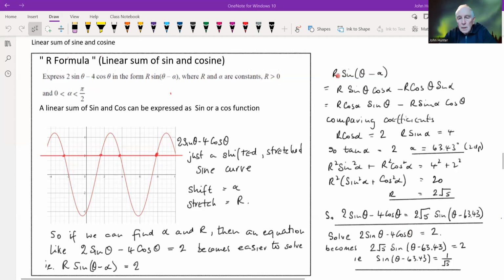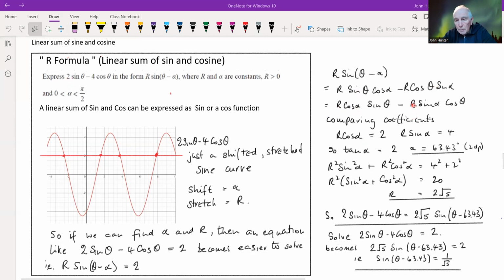So this is what we've got here. Now we've got our two angle formulas we can use. If we expand this out, we get r sine theta cos alpha minus r cos theta sine alpha. Now, if we compare this by comparing coefficients, the coefficient of sine theta is r cos alpha here, and it's 2 here.